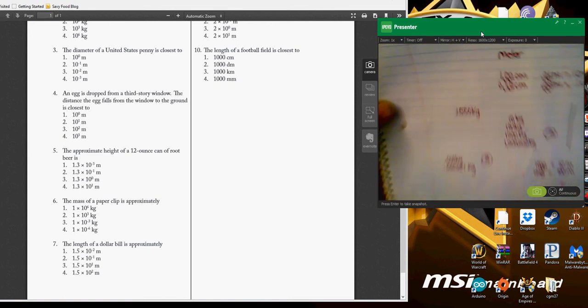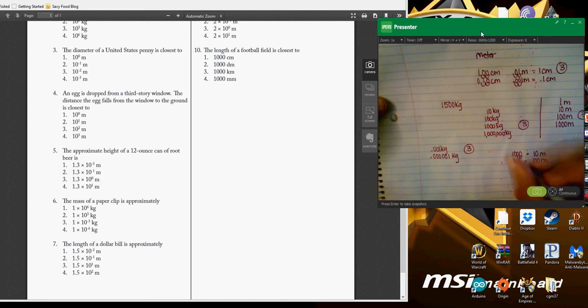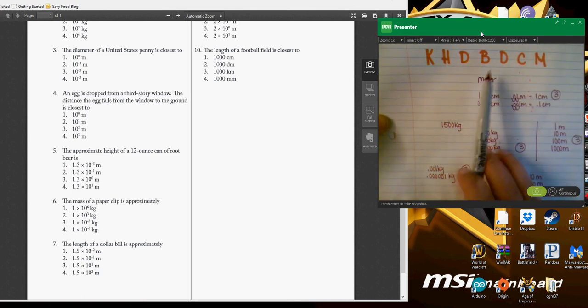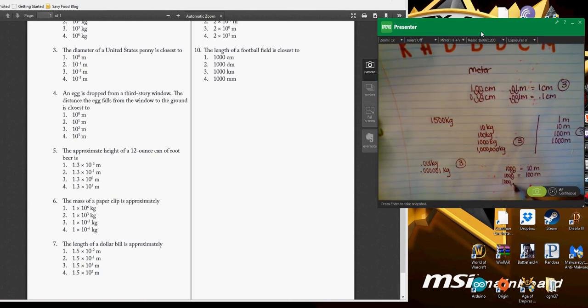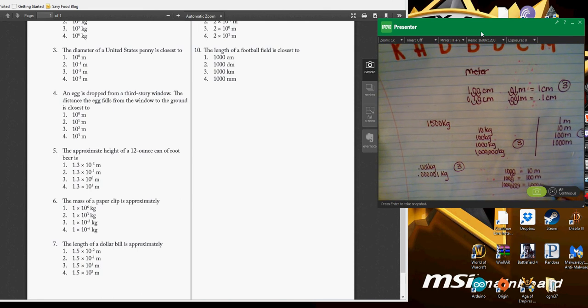Then, if I go from my number 3, which is 1,000 kilometers, that means I'm going from kilo, 1, 2, 3 to the right, and that's going to be 1,000,000 meters.